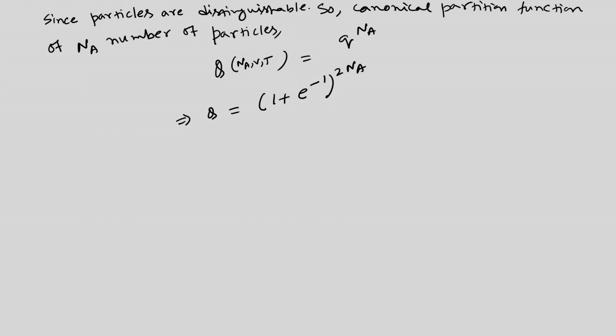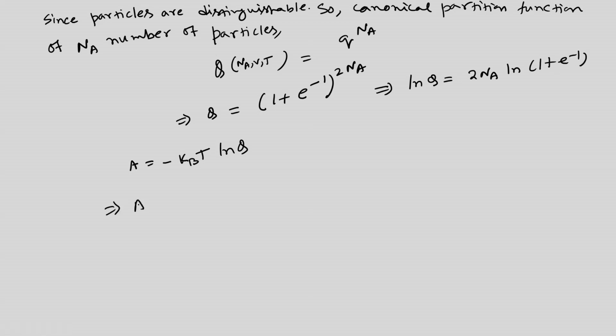So, once we get Q, we can calculate A. Okay. So, A is minus kBT ln Q. So, we need to calculate ln Q. Once we get Q, we get ln Q is twice N_A ln (1 plus e to the minus 1).